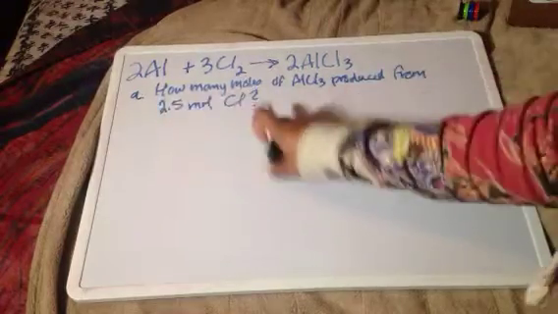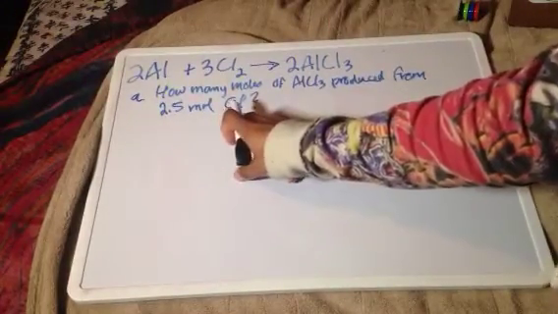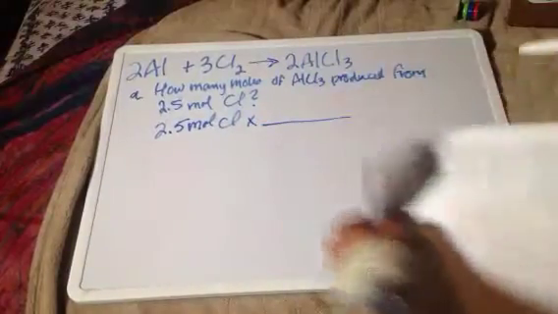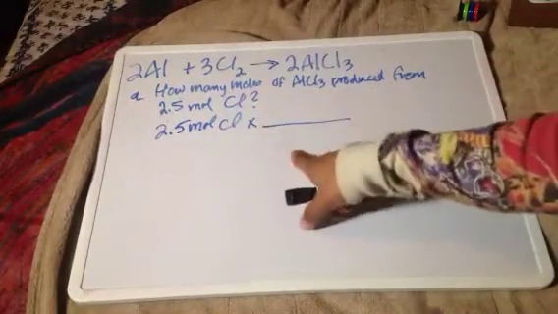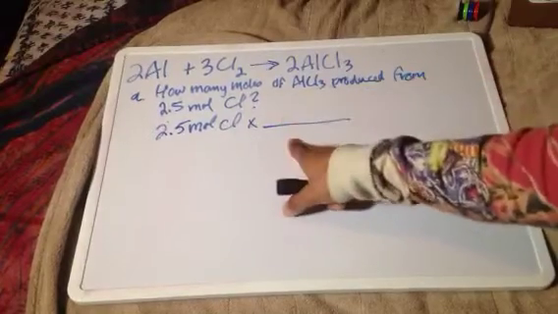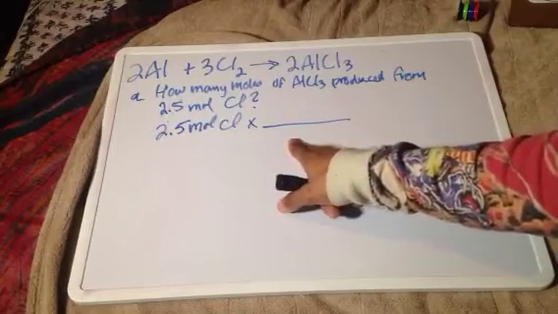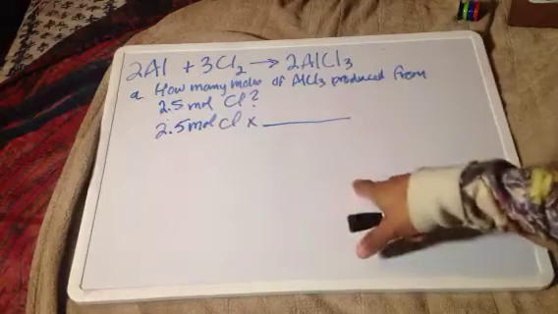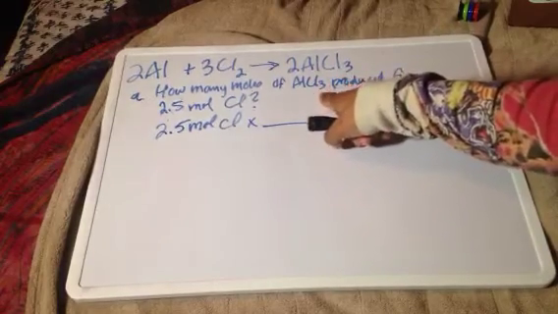And so we're starting with chloride here. So this is going to be our starting element. Okay? Now, if we have moles of chloride, we know we're going to have moles of chloride on the bottom to get this to cancel out to get our aluminum chloride.